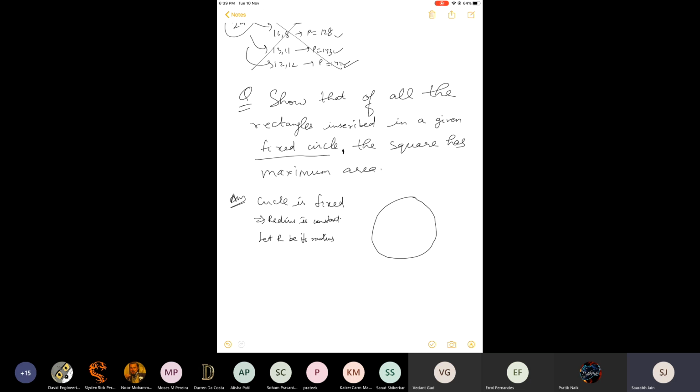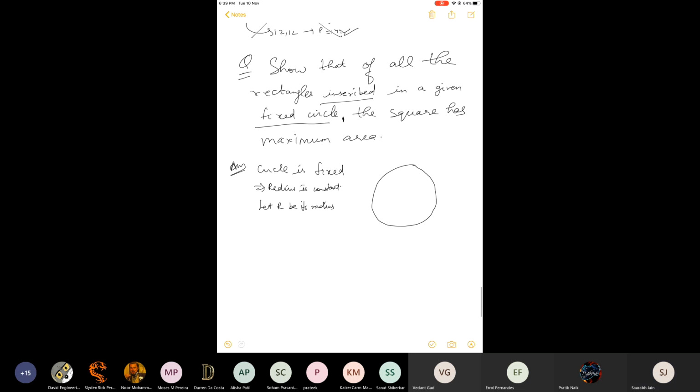Now you can draw so many rectangles inside it. Inscribed means all the vertices of the rectangle are on the circle. Like for example, you can draw this rectangle, or some other rectangle, maybe like this, and so on.